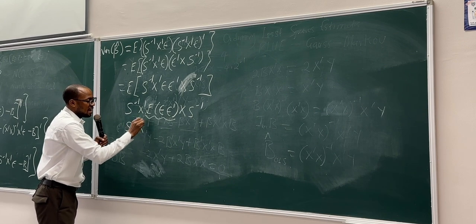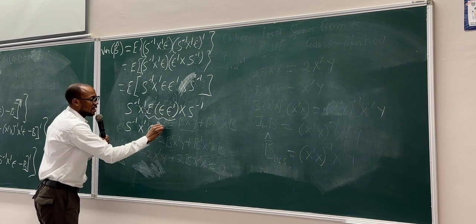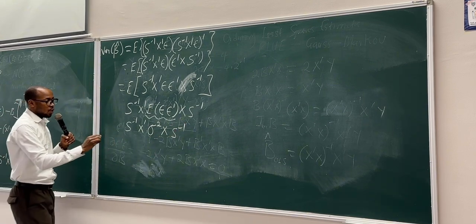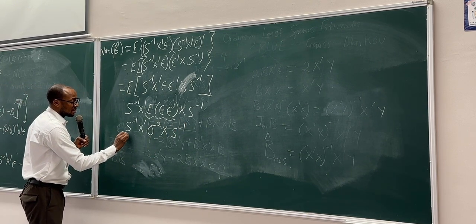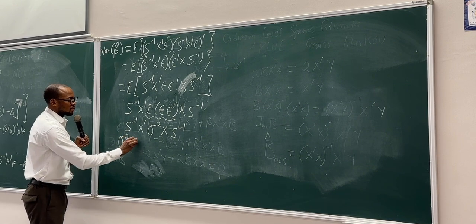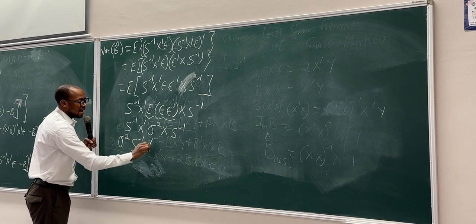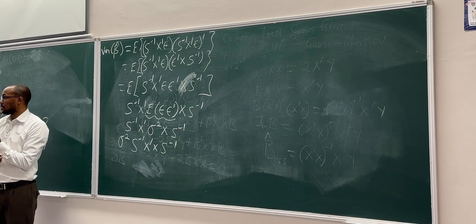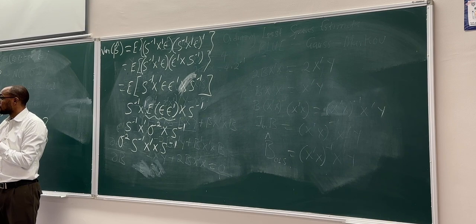So it's going to be X inverse, X prime, sigma squared, X, X inverse. And we know that sigma squared is a constant. We can bring it out. It becomes sigma squared, X inverse, X prime X, X inverse. It's a constant, we can always take it out.